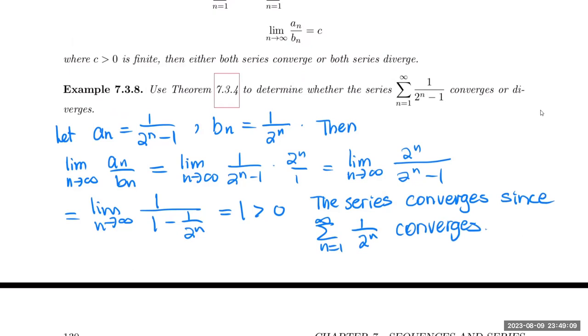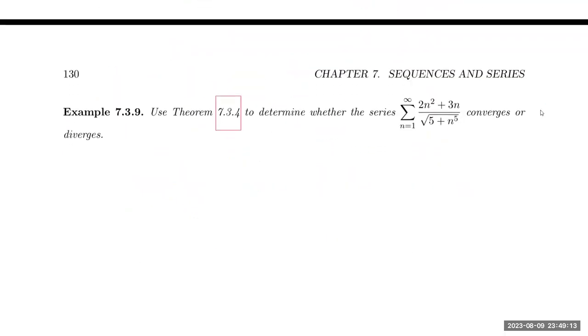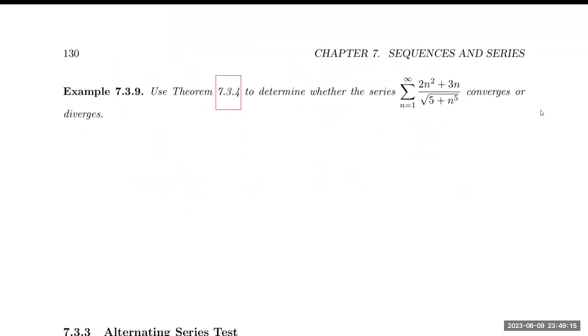All right, so let's have a look at another example that uses the limit comparison test. Let us determine whether the sum of 2n squared plus 3n divided by the square root of 5 plus n to the fifth converges or diverges.